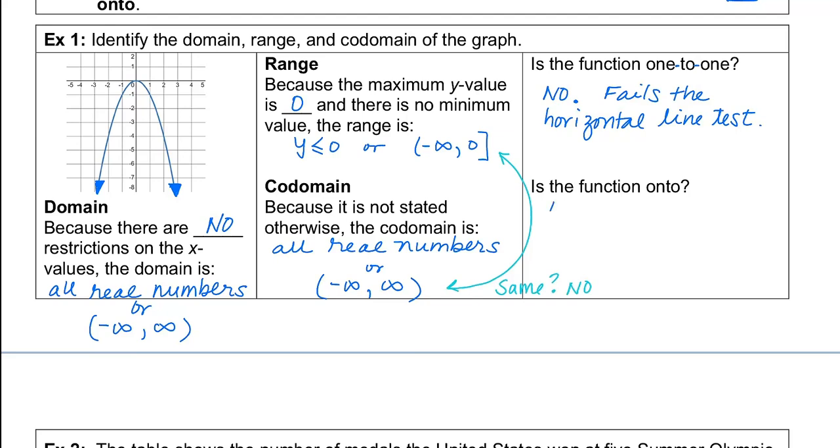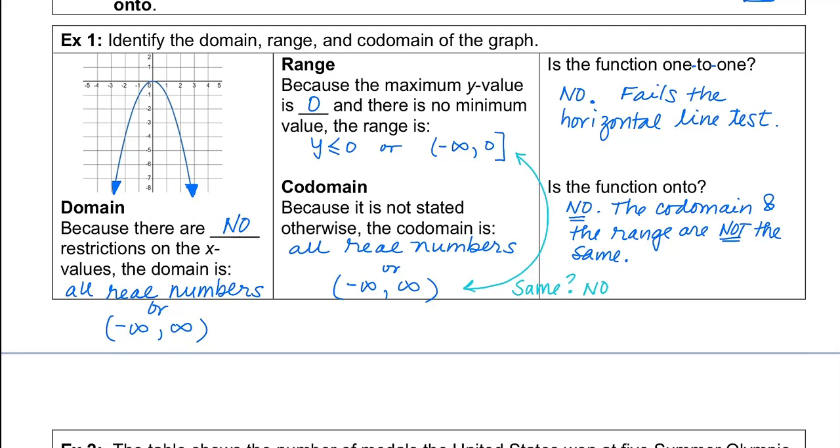So I'll write here no. Okay, the codomain and the range are not the same. Okay, I'll give you a second to copy that down.